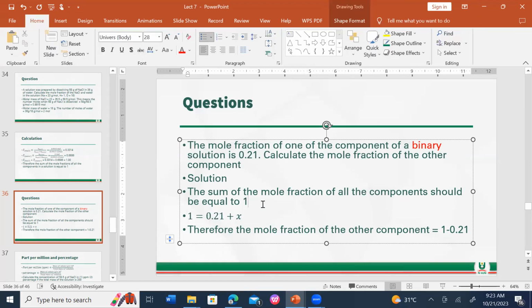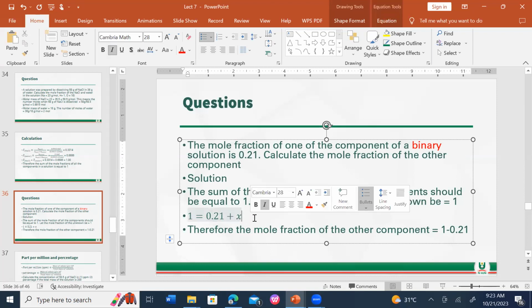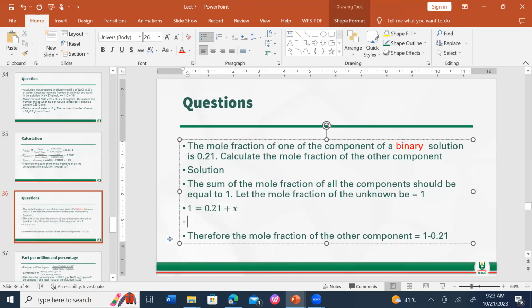So 1 is equal to the mole fraction of the one we know, 0.21, plus that of the unknown. That means x is equal to 1 minus 0.21.